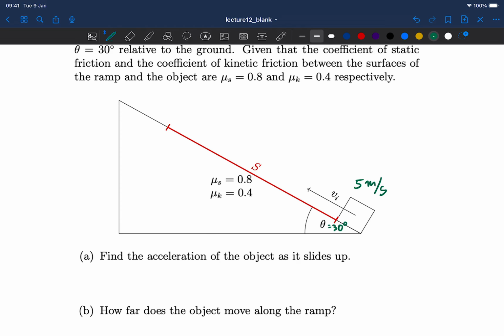And how far does it go up along the ramp? Okay. So if I draw the block, maybe I'll draw it here. There will be mg. There will be the normal force.